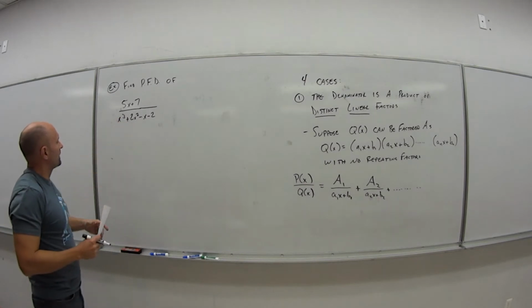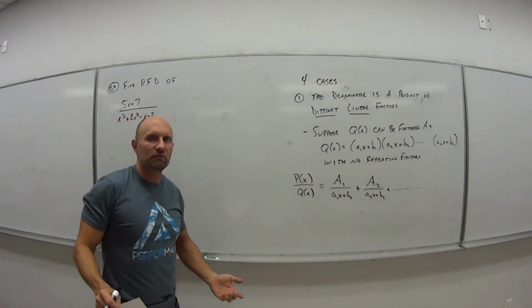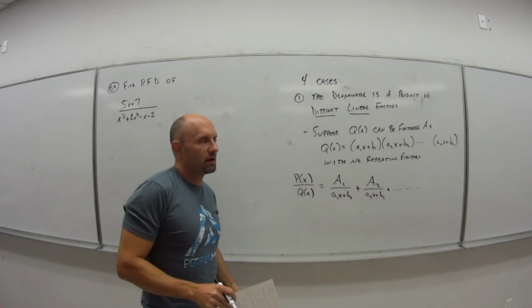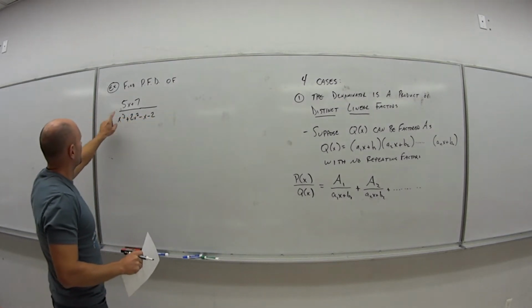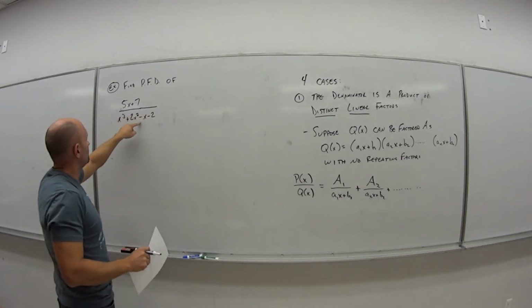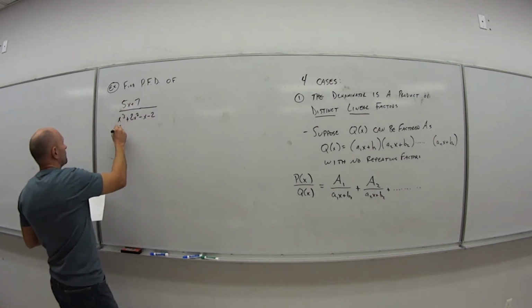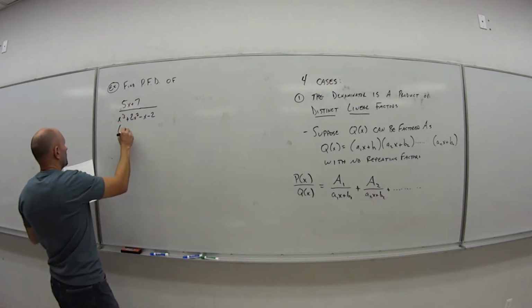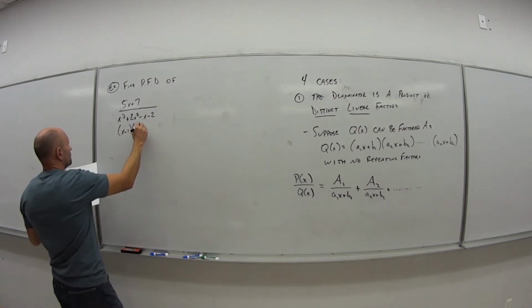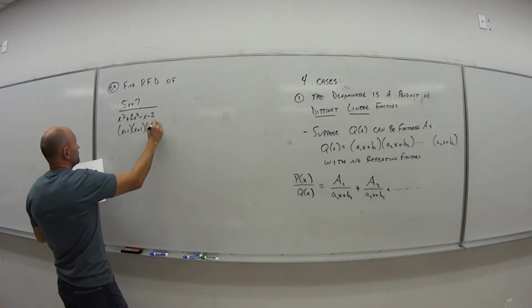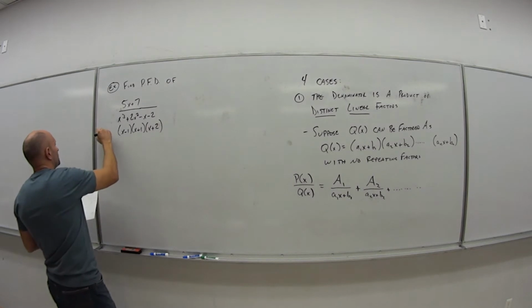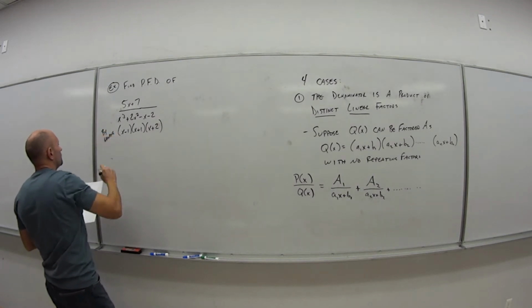If I factor by grouping, and this is not a video on factoring, so I'm not going to take all that time, I could factor out an x squared, factor out a minus 1, and factor again. This factors into x minus 1, x plus 1, x plus 2. That's by factoring by grouping, which I'm not going to do here, in the interest of time.